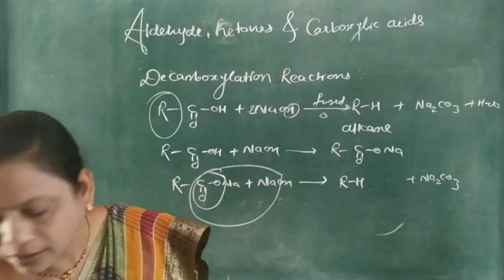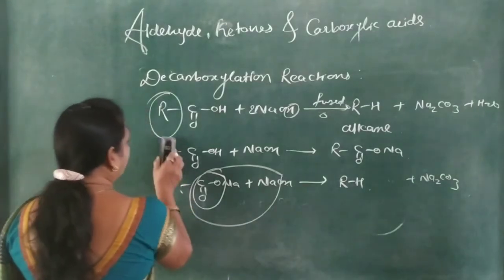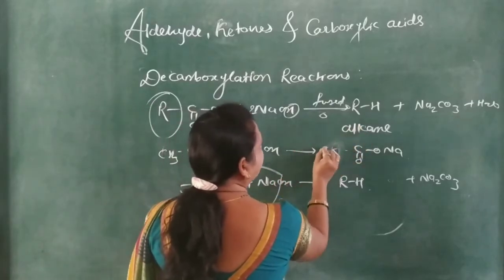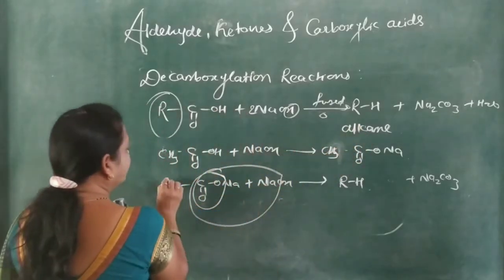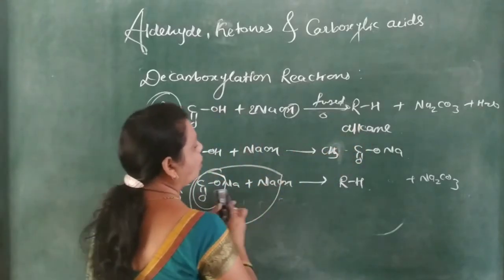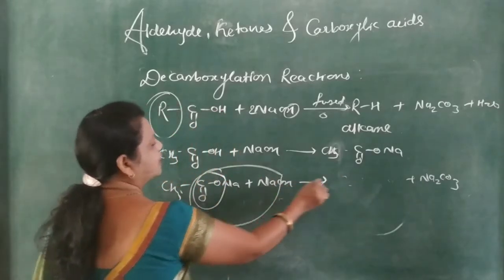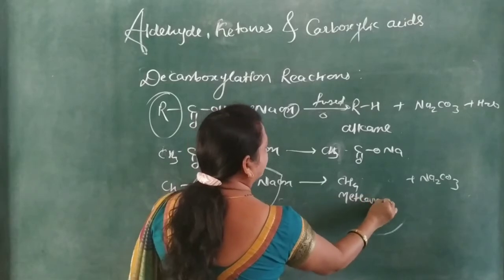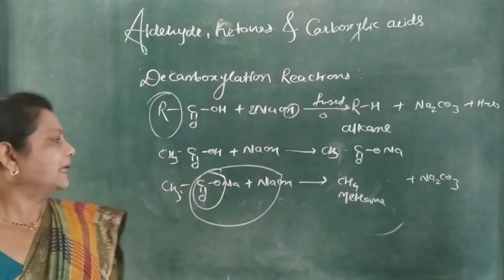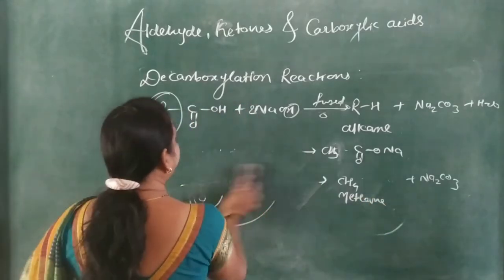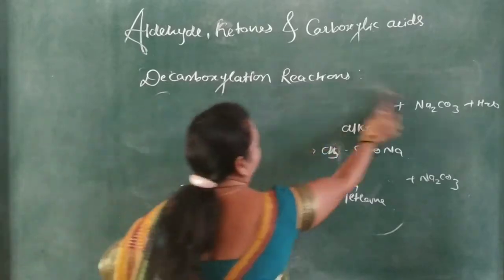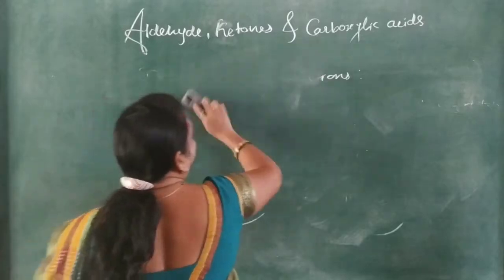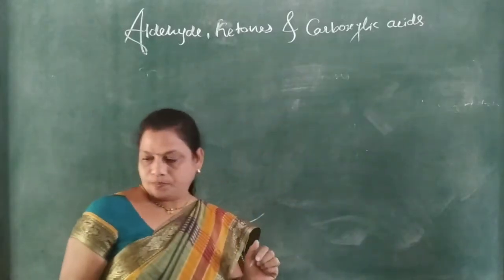If we consider acetic acid, first it gives sodium acetate, and this sodium acetate is again fused with NaOH to form methane in this way.